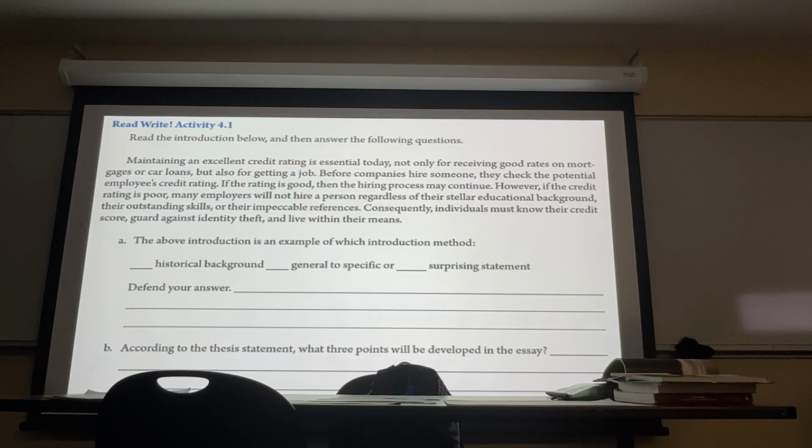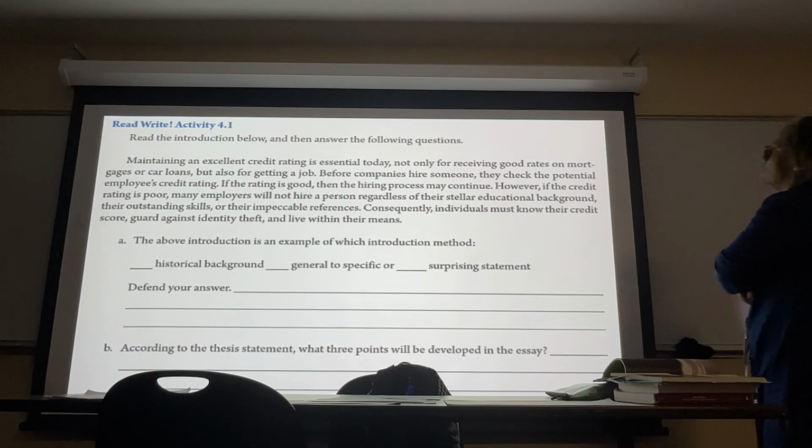Maintaining an excellent credit rating is essential today, not only for receiving good rates on mortgages or car loans, but also for getting a job. Before companies hire someone, they check the potential employee's credit rating. If the rating is good, then the hiring process may continue.